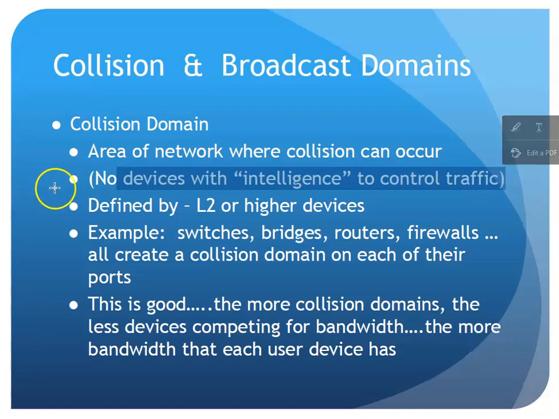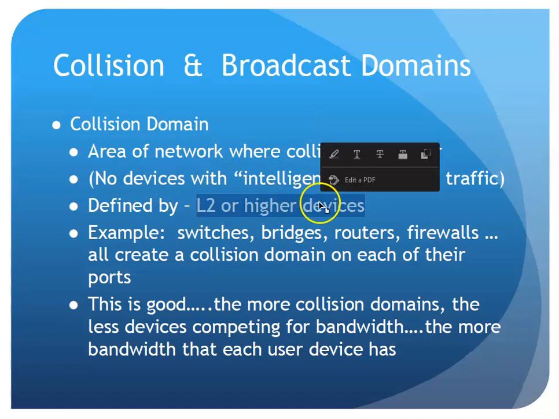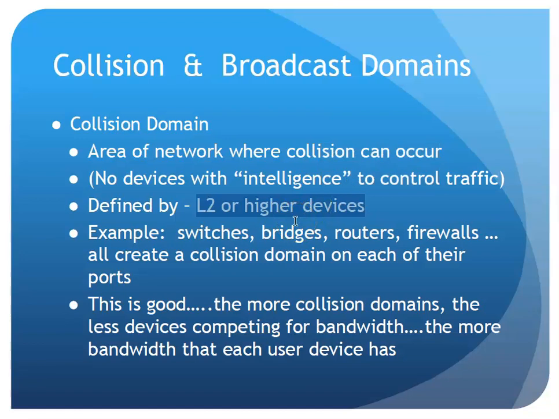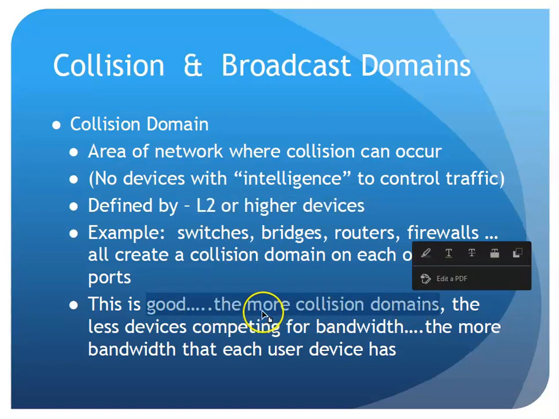So by adding something with a little bit of intelligence, things at layer 2 or higher, we can minimize or reduce the area where collisions can occur. And this is actually a good thing. The more collision domains that I make, the smaller they are, the smaller the number of things that are competing for the bandwidth, and the fewer things competing for the bandwidth means fewer collisions.